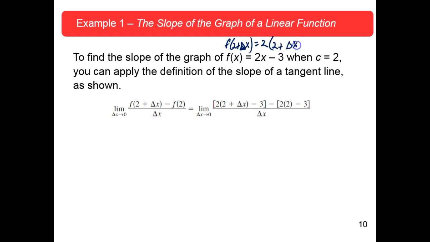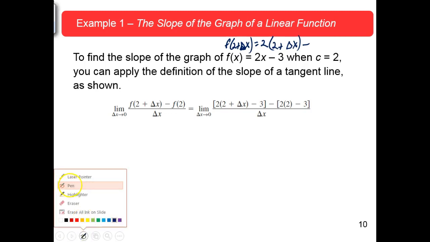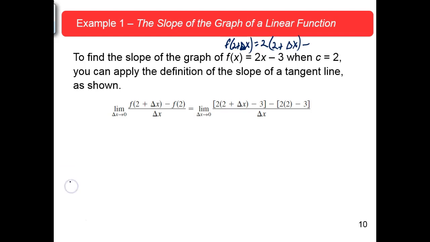You plug in what is there. Minus 3, okay? All right. So this will be the limit as delta x approaches 0 of f of 2 plus delta x.